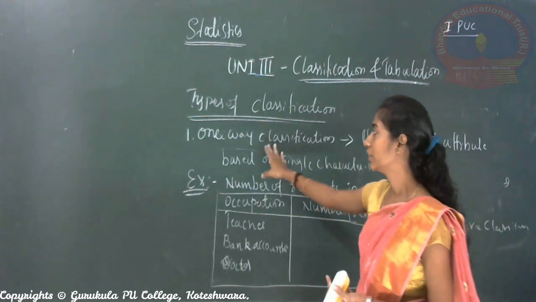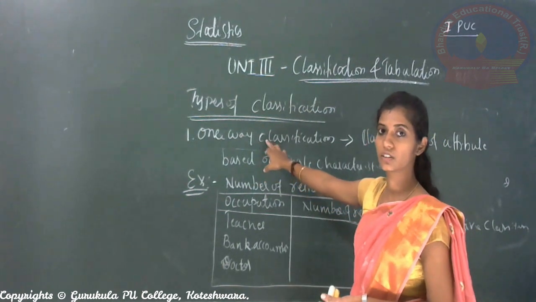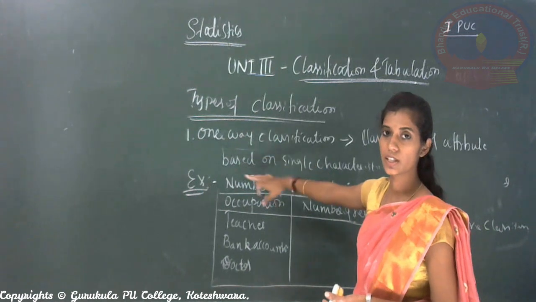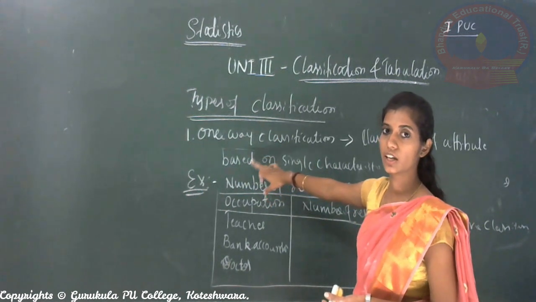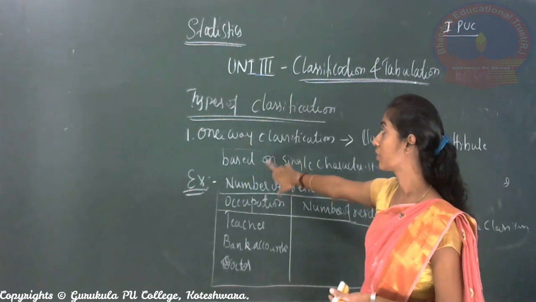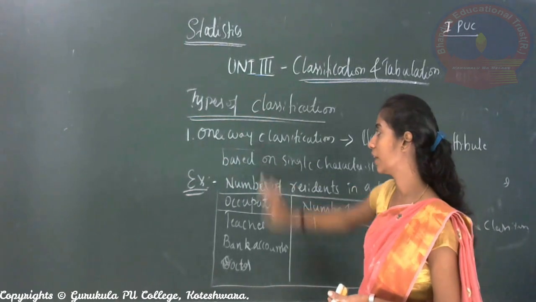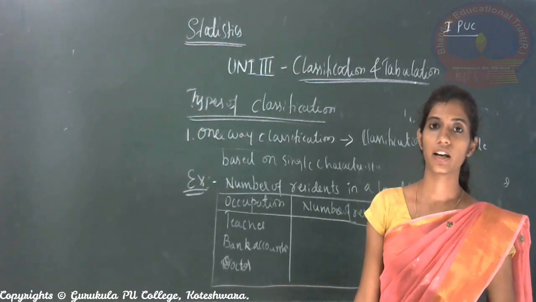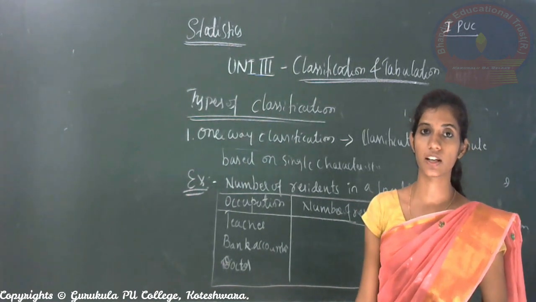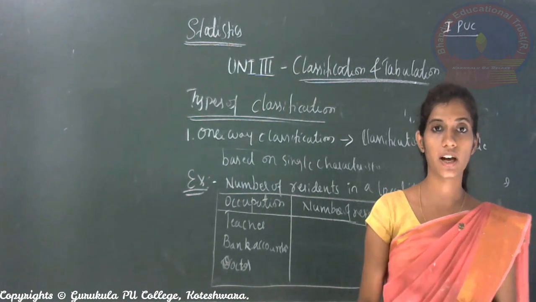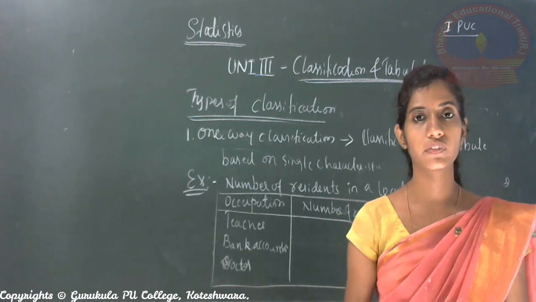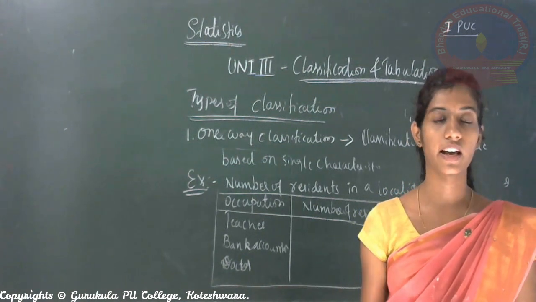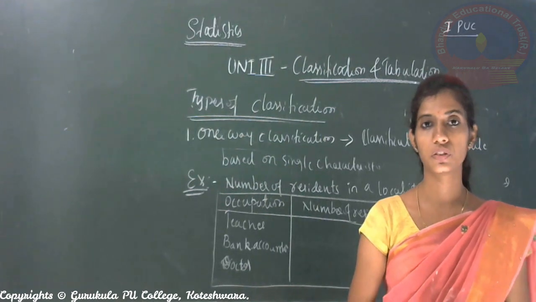Under that we have discussed one-way chronological classification, spatial classification, and in qualitative classification we have seen one-way or simple classification. The next two classifications and quantitative classification I will discuss in the next class. I hope you have understood today's session.